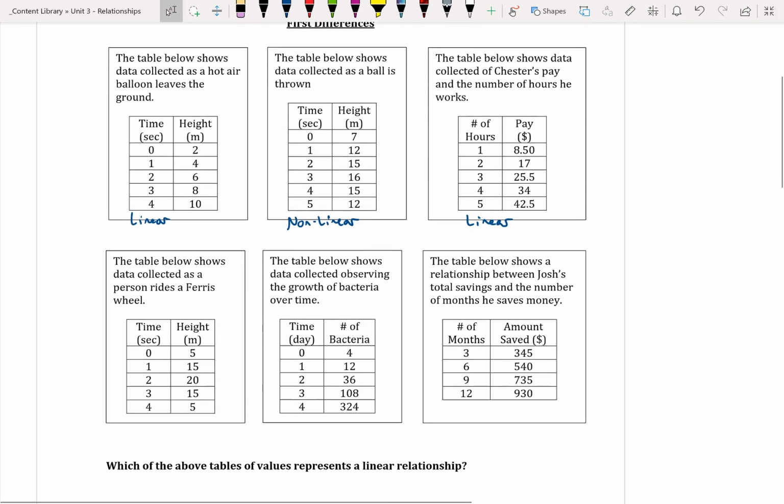The Ferris wheel ride is nonlinear. The one with the bacteria is nonlinear. And the one regarding Josh's total savings is linear. So how could we tell by looking at them that one is linear and one is nonlinear?